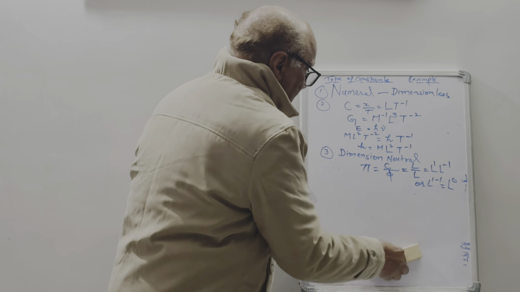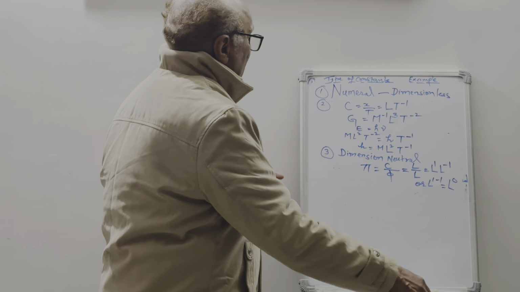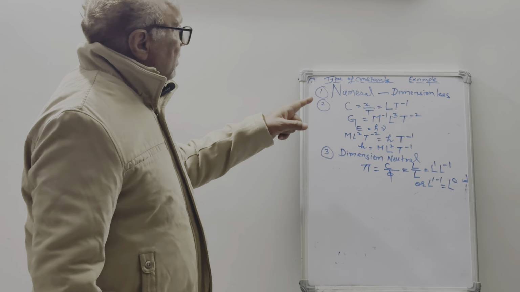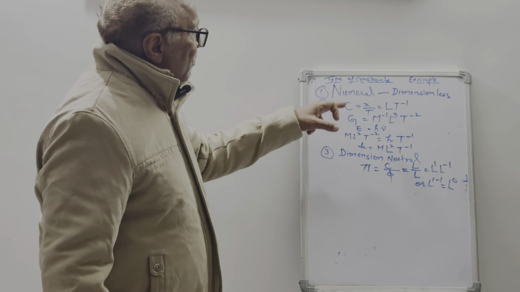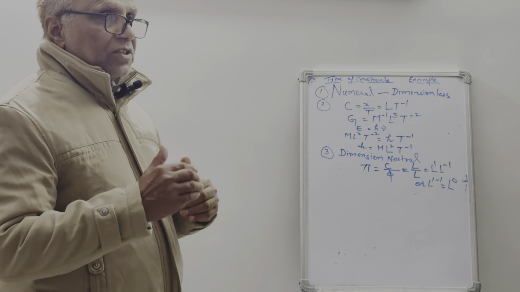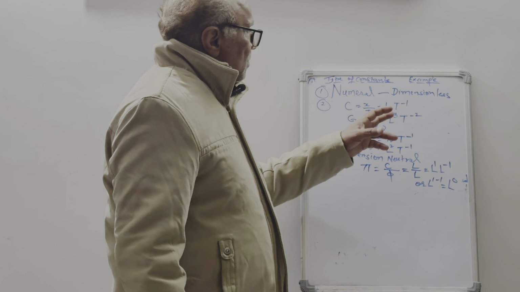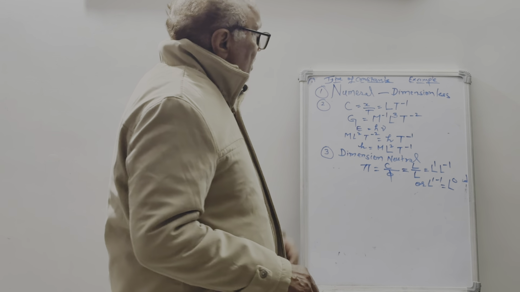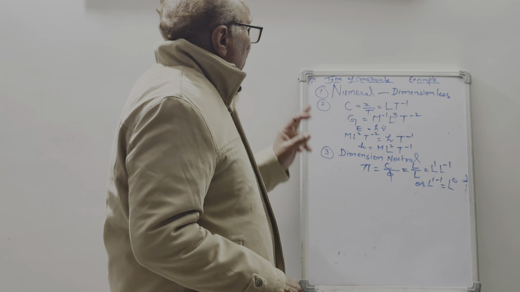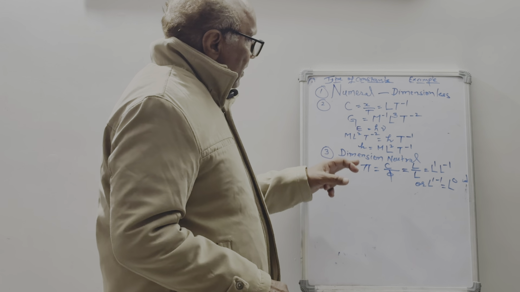Though pi is a constant, it is not a number in the sense the numerals are. Numerals are only counting. The other constants which have dimensions, they always represent some physical idea, and they have to be used in order to balance the dimensions. The third kind of constants are which are dimension neutral, like pi.